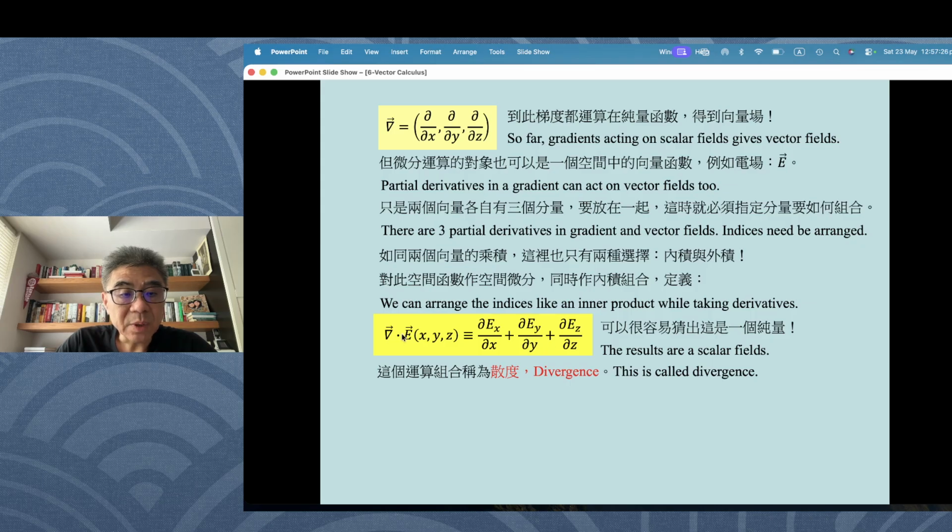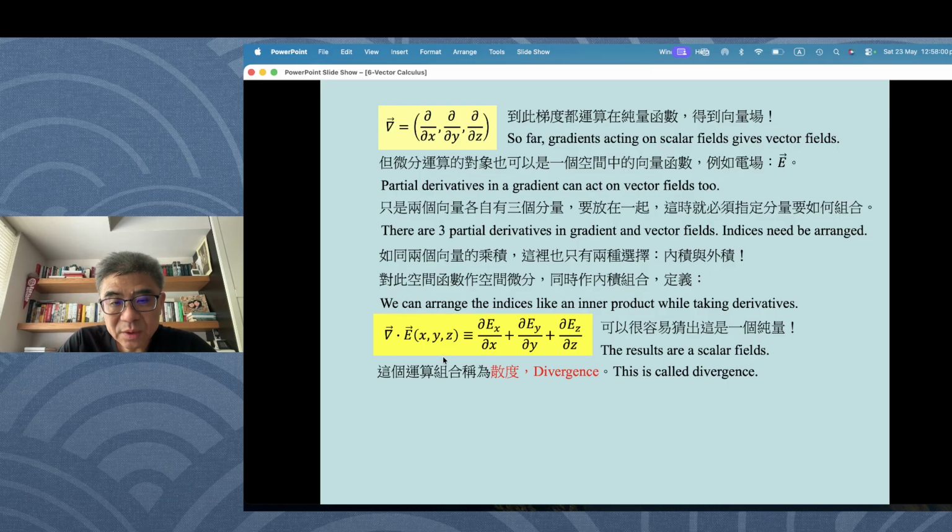Because E is behind the gradient, that means it is acted on by this gradient. So Ex is taken the x partial differentiation, Ey the y partial differentiation, and Ez the z partial differentiation. Then after this is done, we add them together, and it comes out as a scalar, as we would expect from the inner product.